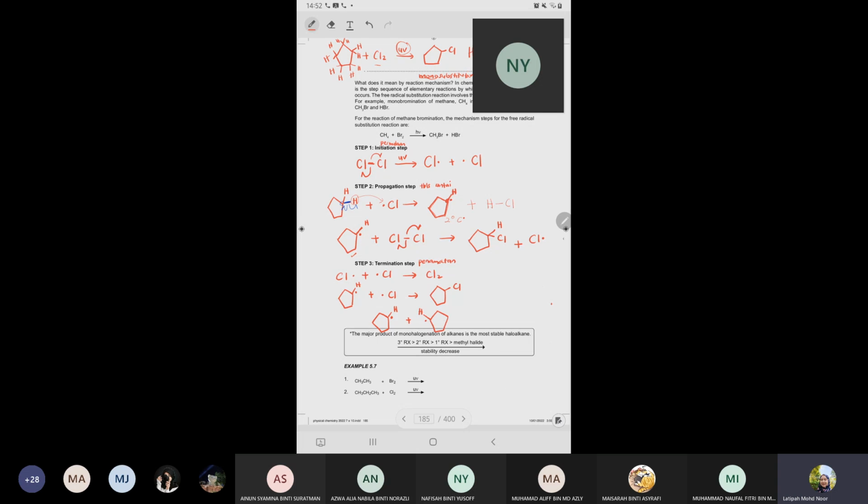Yang ni saya lukis macam ni. Okay. So what will be produced? Ikat dengan yang ini. Okay. So this is the termination step which involve 3 equations. Okay. Boleh kan?